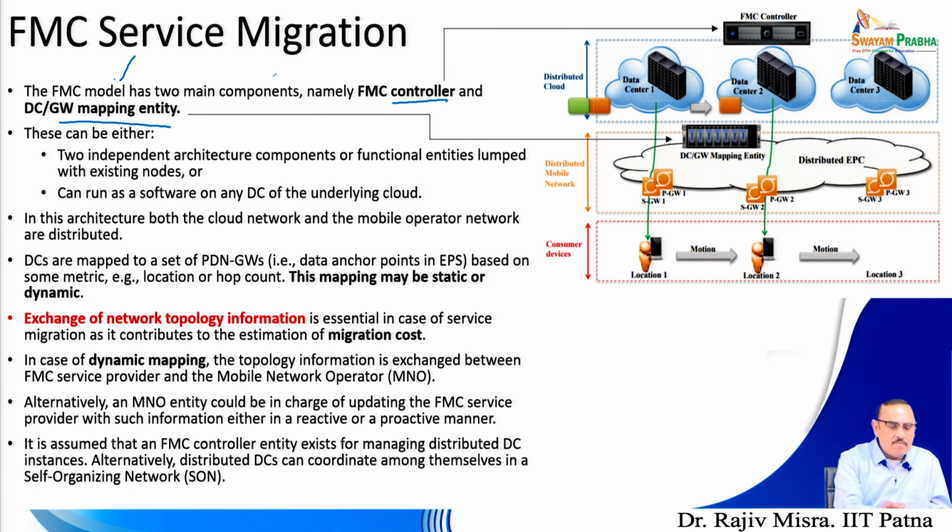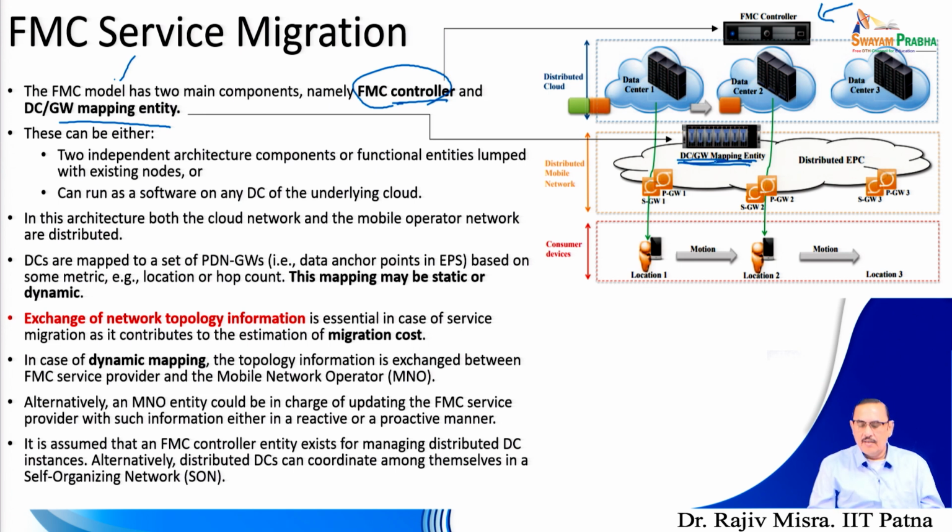So, the FMC model has two main components, one is called the FMC controller. If you can see over here, the FMC controller is this central entity, and the DC and GW, that is the gateway mapping entity, the data center and the gateway mapping.